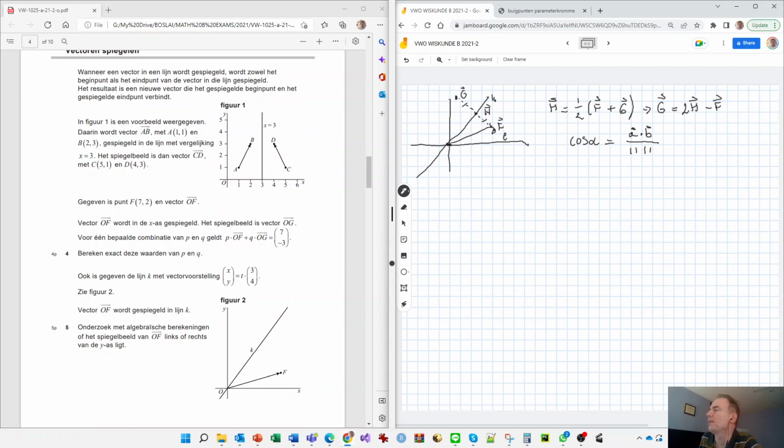And perpendicular means the angle is 90, so the cosine is 0. So I just have to find a vector that when doing the inner product with this, the inner product is 0.